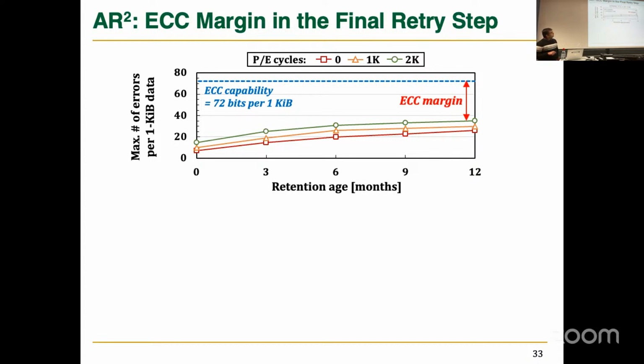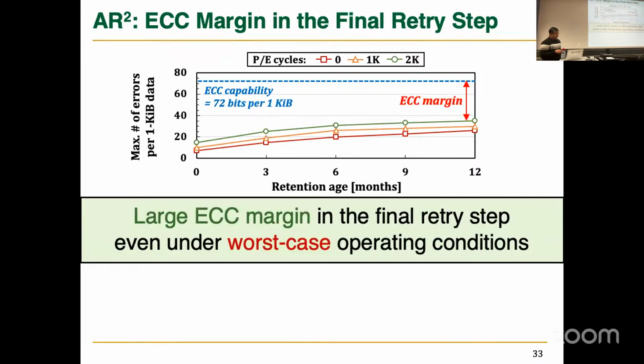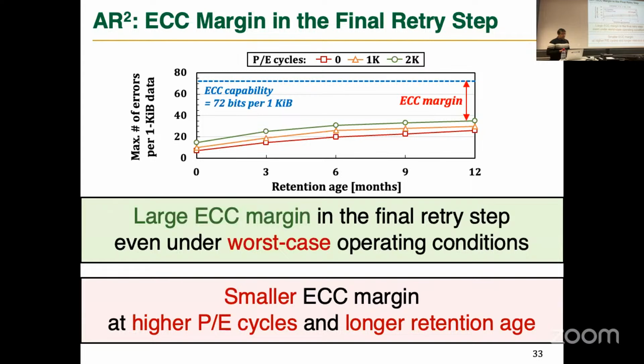In the final step, even at a retention time of 1 year, you see that there is a large margin between the correction capability and the number of errors you get. So this large margin is present even when you operate under worst case conditions. There is a smaller ECC margin as you increase the number of P/E cycles and retention time.